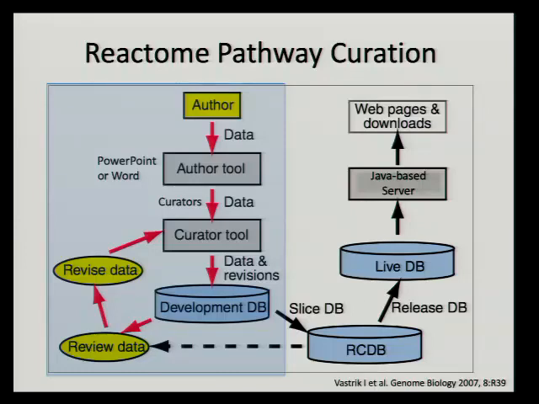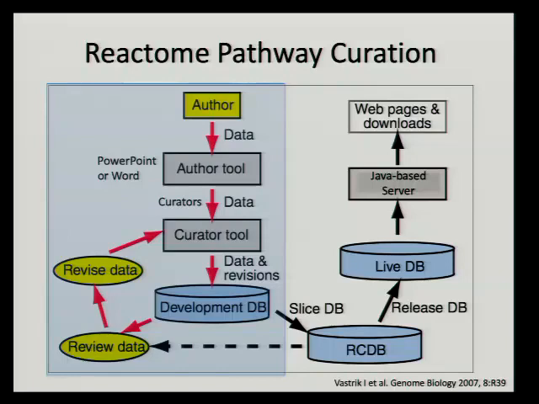Then our internal curators will work with these external authors and use a software tool called the Curator Tool to make sure the content the authors annotated is consistent with our data model. We also use software tools to ensure quality and consistency. This process may go through several steps between curators and authors before the final release.